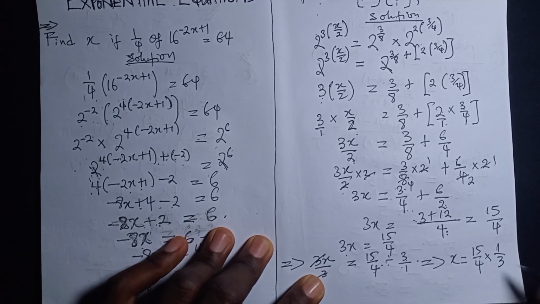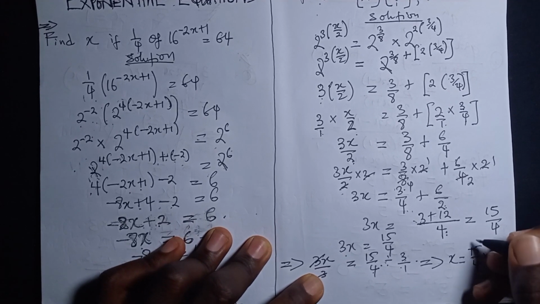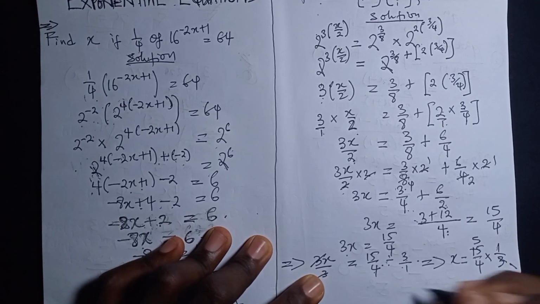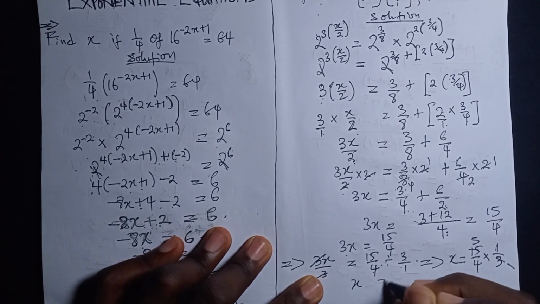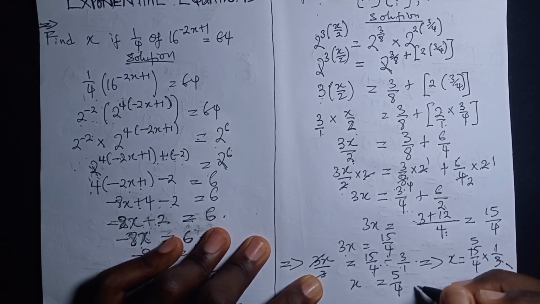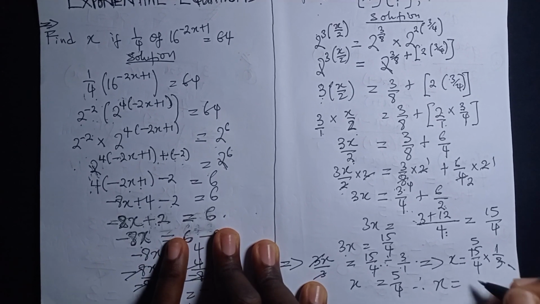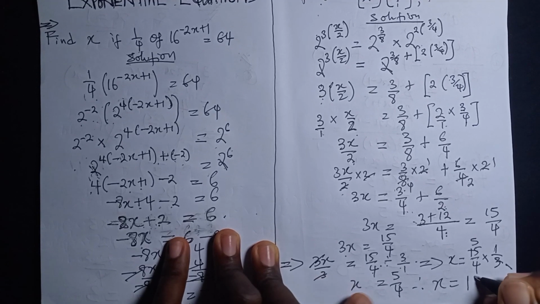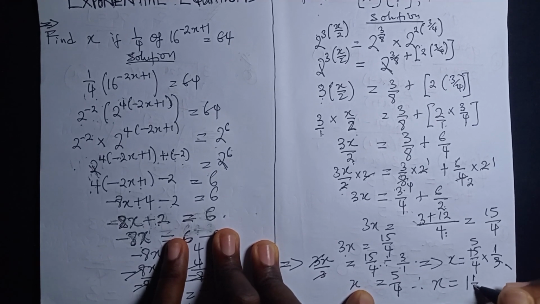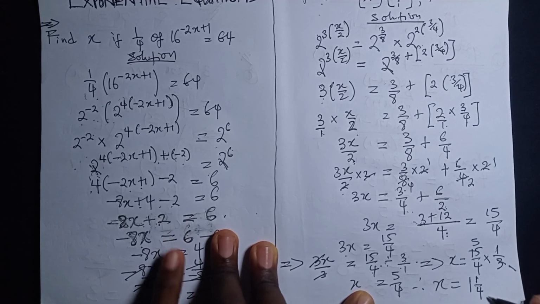So now 3 can cancel 15 to give you what? 5. So now x is equal to 5 over 4. Therefore, x is equal to, if you change it to mixed fraction, 1 whole number 1 over 4. So this is our answer.